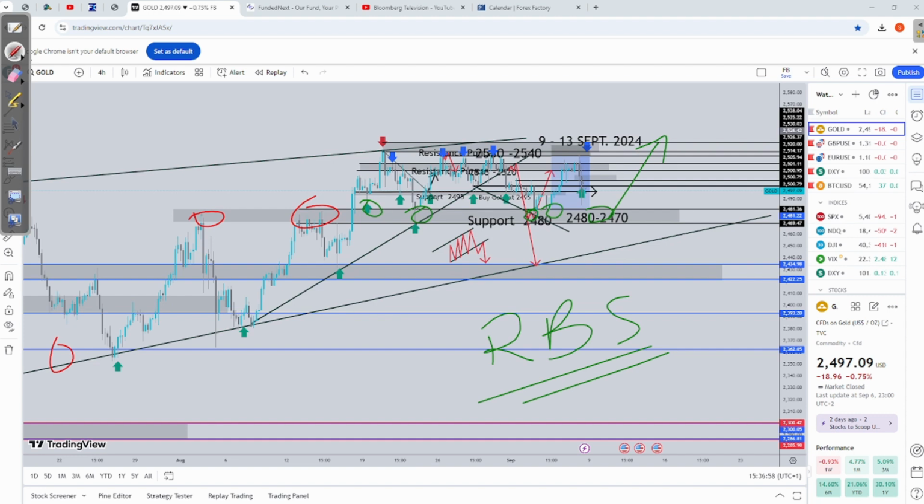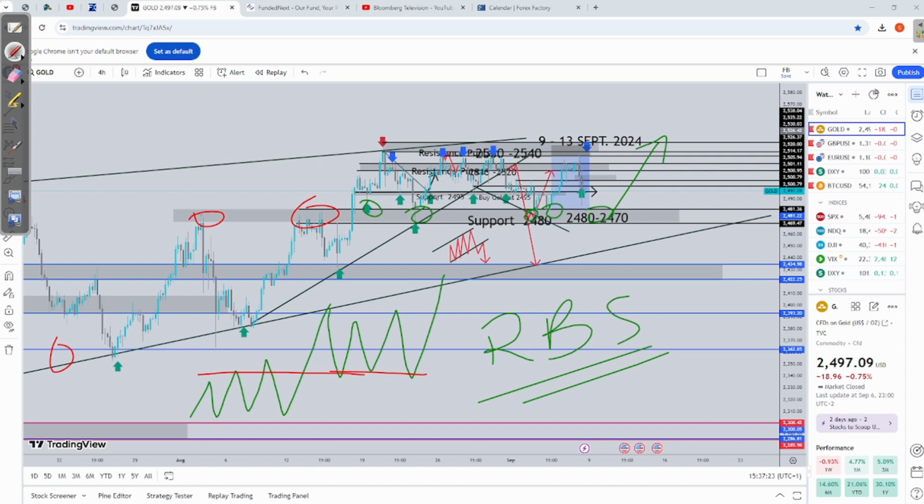That's why you see it over there. What it simply means is that we are having something like this. And then we saw this resistance. Then the market, after breaking, comes to form a new support. So just take note of what it simply means. Do you understand?